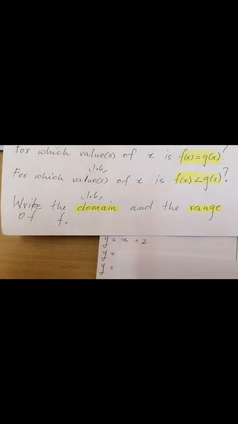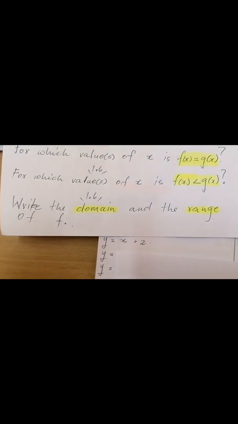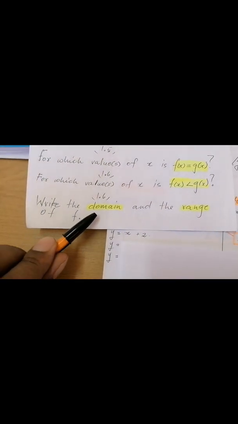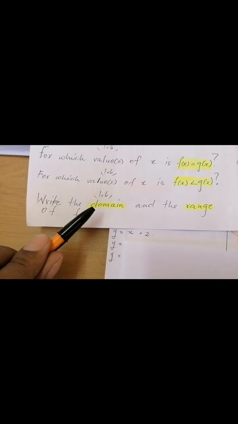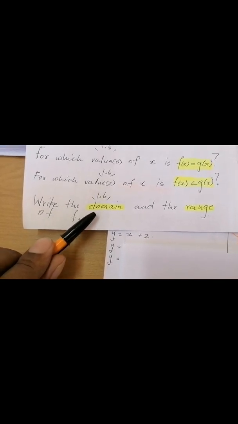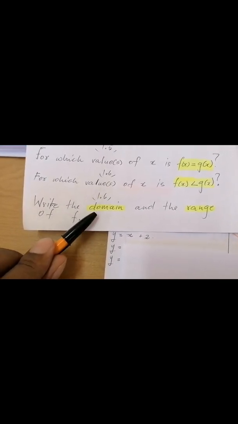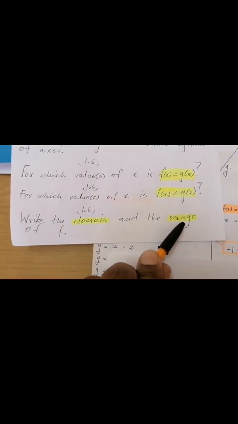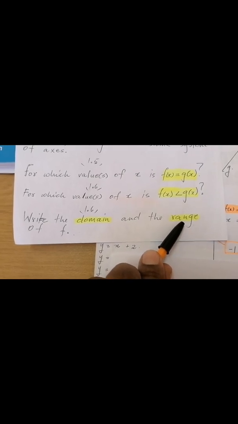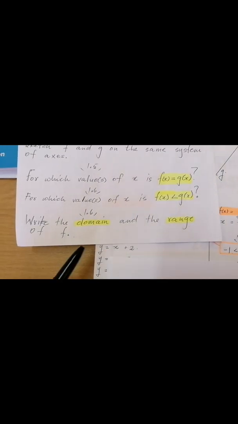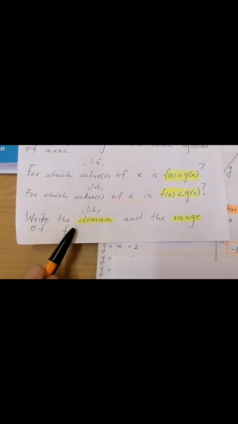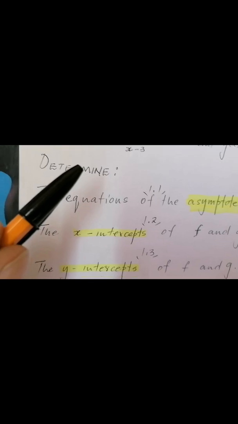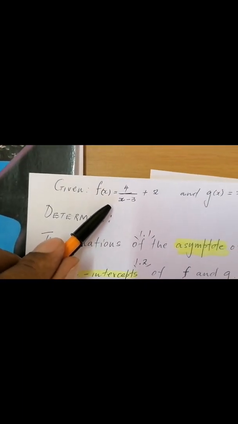The last question says, what is the domain and the range of f? You must know what the domain is. The domain are all the x values of a function. The range are all the y values of that particular function. Now, they say, what are all values of x in this particular one?